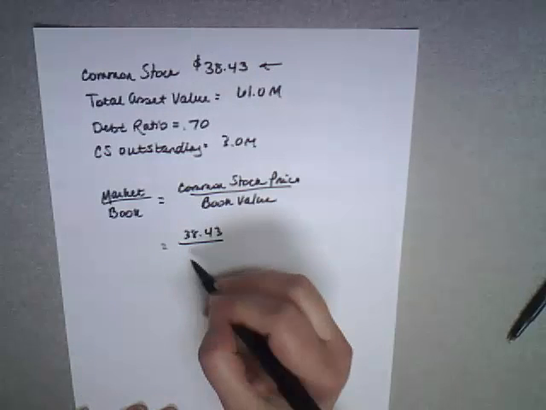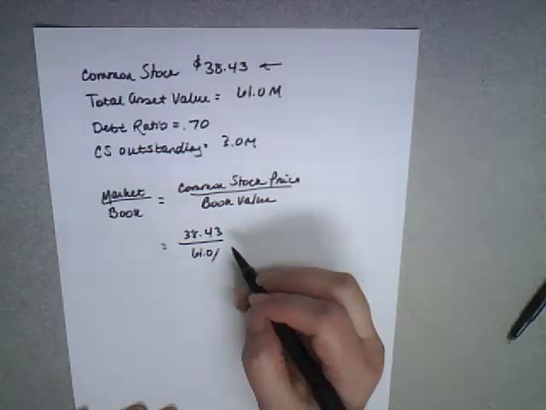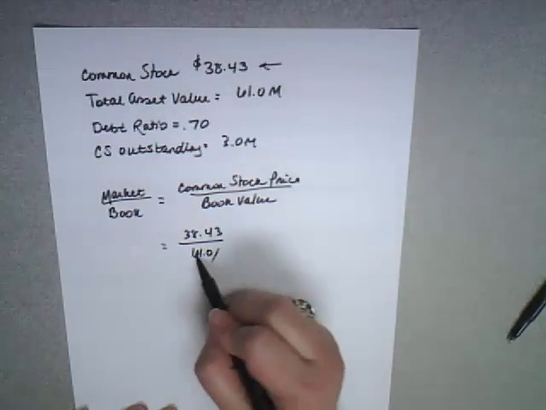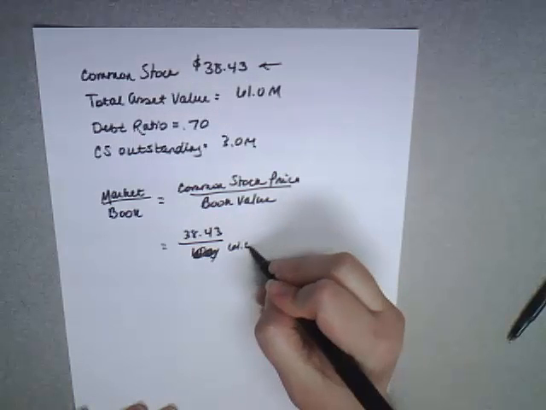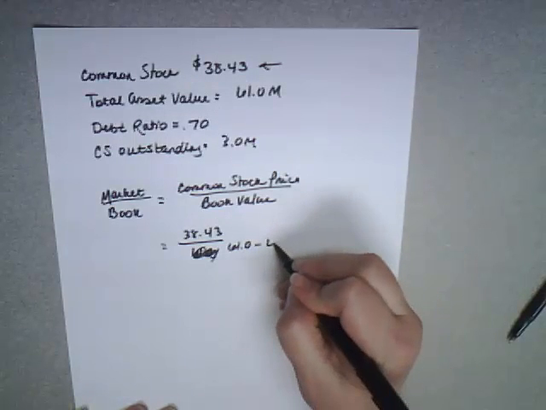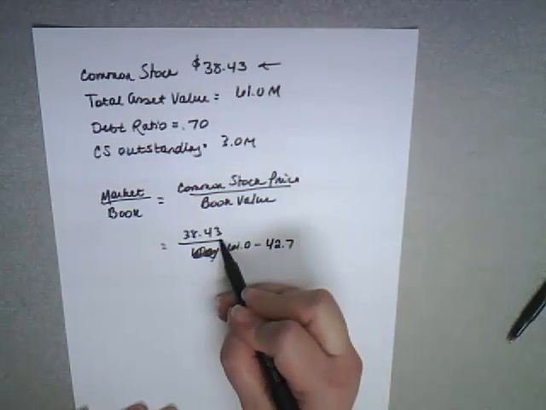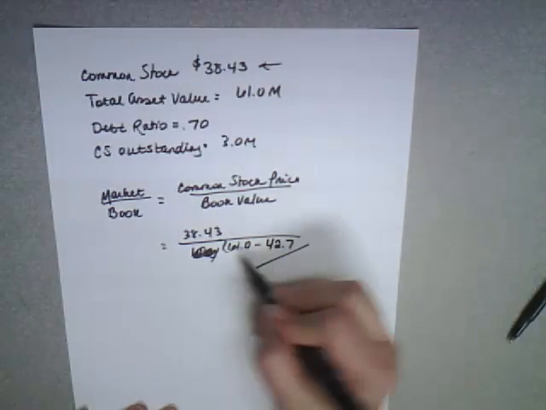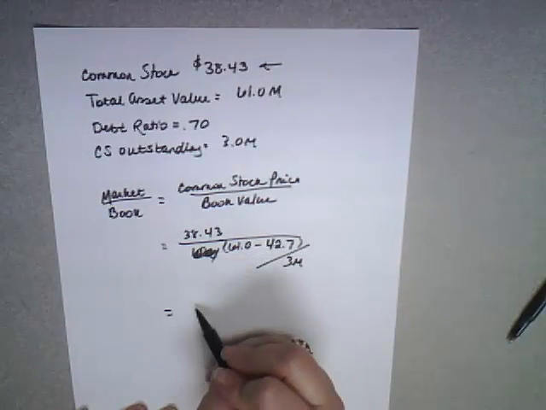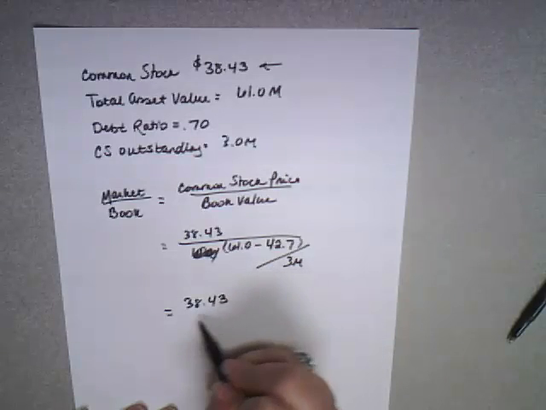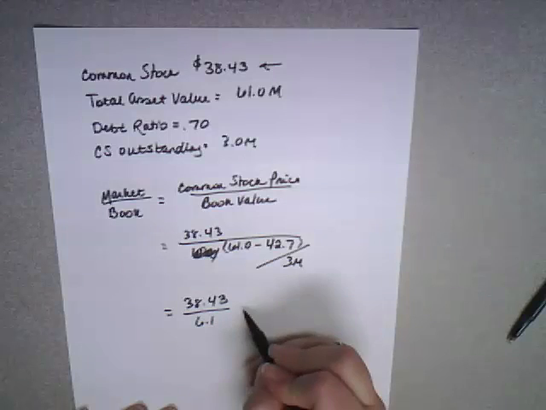So the way we would do that, we would take 61 million and subtract 42.7 million, and then we would divide that entire equation by the 3 million in shares. And when we get that, we get 38.43 divided by 6.1.